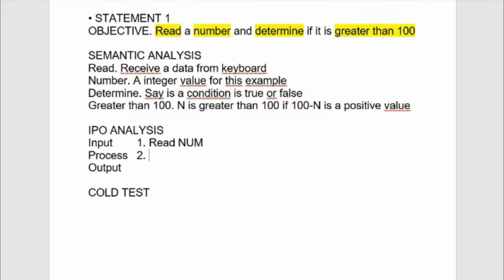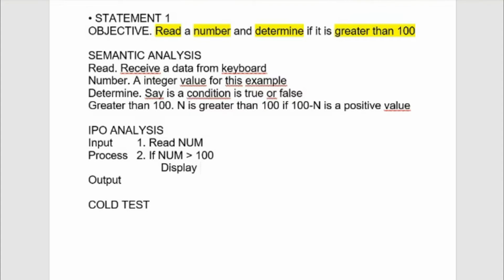Then step number 2 in the process. You need to determine if it is greater than 100. If num is greater than 100, you have to display on the monitor, of course, the number is greater than 100, right?